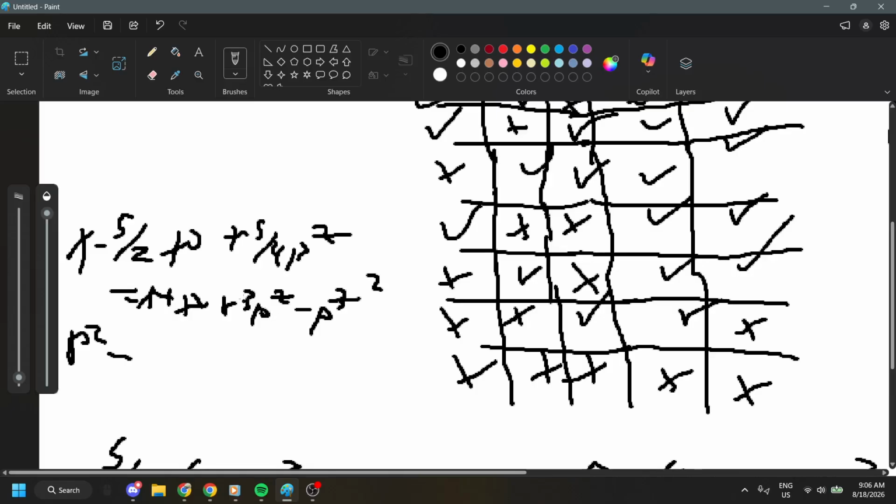So 5 minus 12 is 7. So minus 7/4 p. And then we subtract 1. So minus 7 halves is equal to 0.